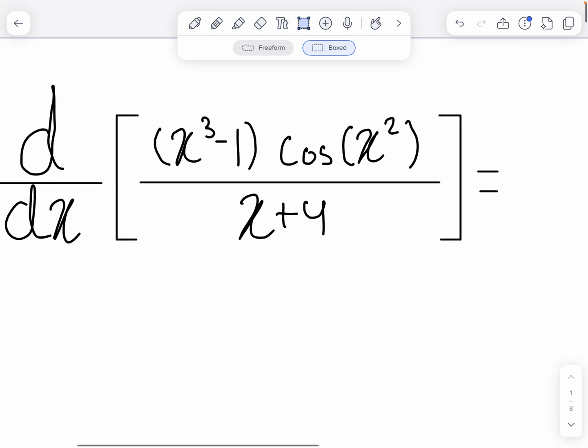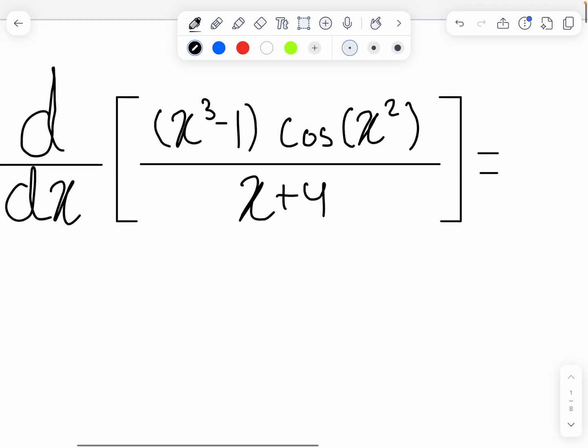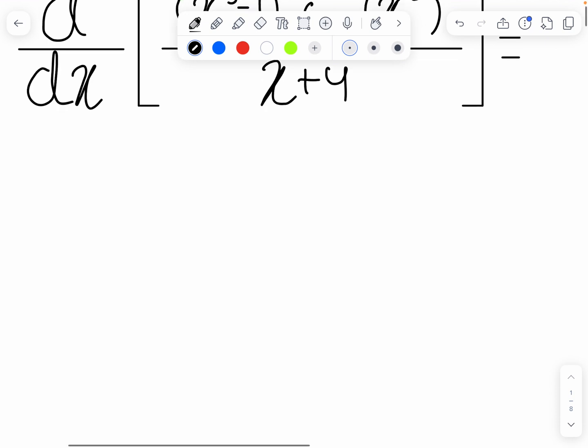First, since we need to use the quotient rule, I'm assuming you know what the quotient rule is, but in case you don't, this is what the quotient rule is.